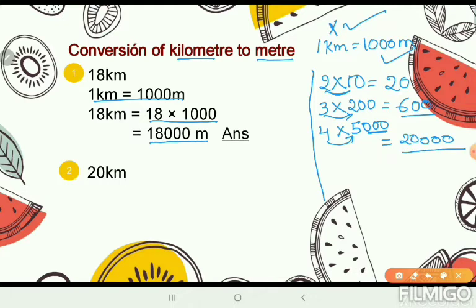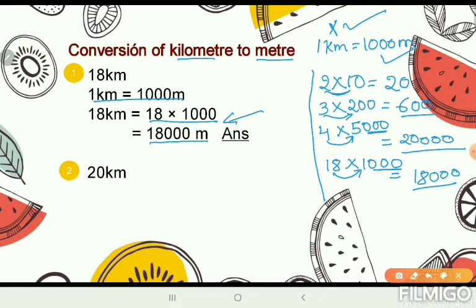Okay, the same way I have done here. When I am multiplying a number by 1000, okay, so I am going to write these 3 zeros first and multiply these 2 number. 18 ones is 18. So this is the answer which I got here.